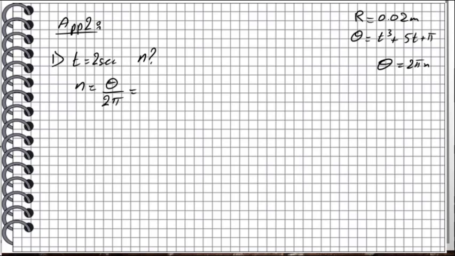I have to substitute the 2 seconds in theta, which is t cube plus 5t plus pi, divided by 2 pi. I will substitute the 2 seconds in it: 2 cube plus 5 multiplied by 2 plus pi, divided by 2 pi, and don't forget here I have to use pi as 3.14. This gives 3.37 revolutions.